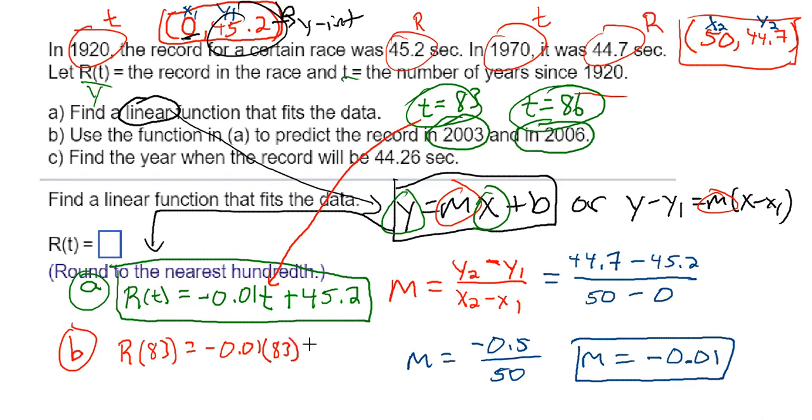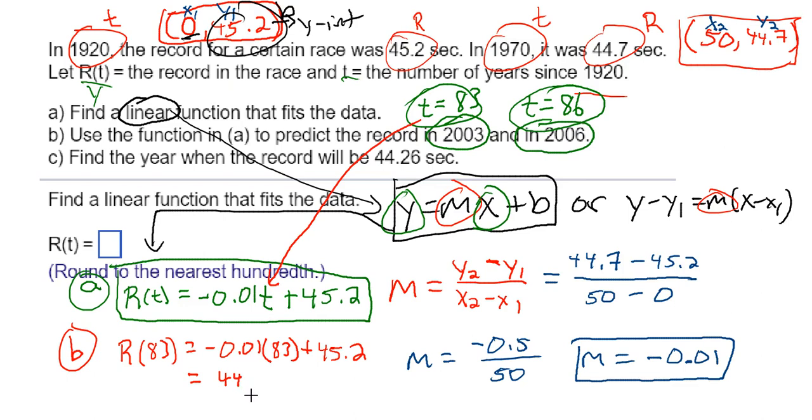Plug in 83 for t plus 45.2. And so we can plug all that into a calculator. So I have negative 0.01 times 83 plus 45.2. And what you should get when you plug that in your calculator is 44.37 is what I get.